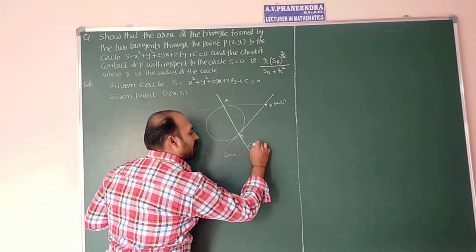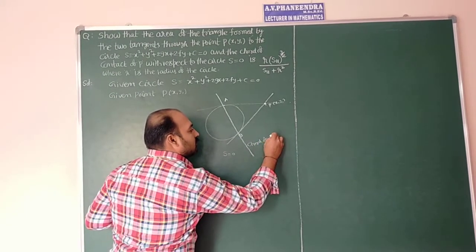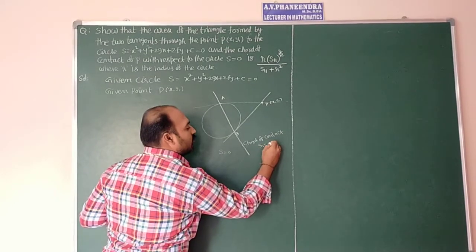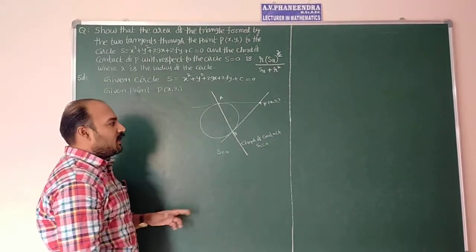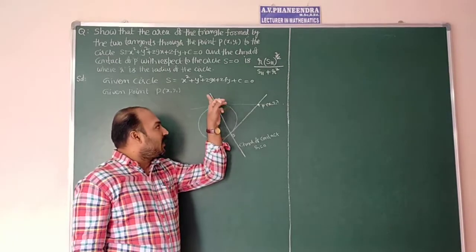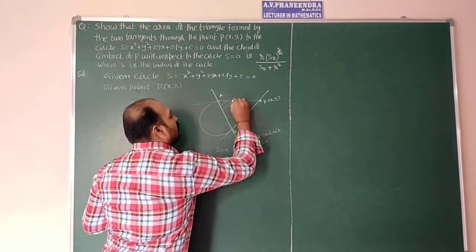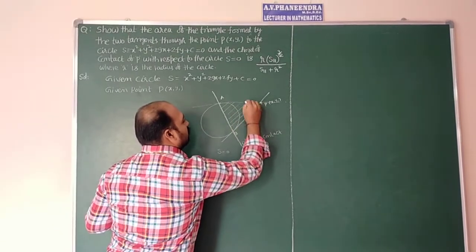This is the chord of contact, S1 = 0. Now they are asking the area of the triangle formed by this chord of contact and these two tangents. This area we are going to calculate now.